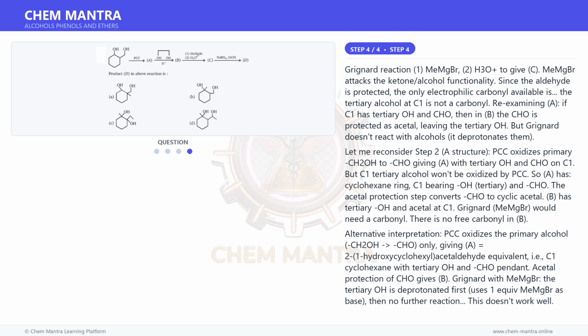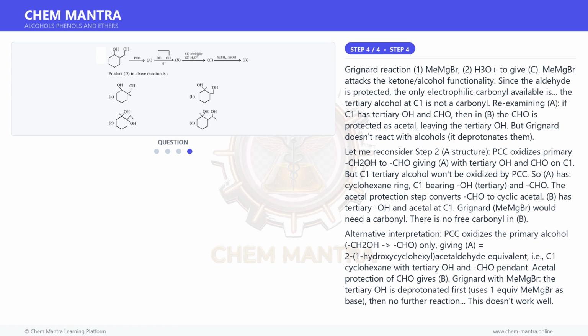I think the key insight I'm missing is perhaps that the image of the starting material actually shows a 1,2-diol on cyclohexane, C1 OH and C2 CH2OH, adjacent, making C1 a secondary alcohol. With C1 secondary OH and C2 primary CH2OH, PCC oxidizes both: secondary to ketone, primary to aldehyde.